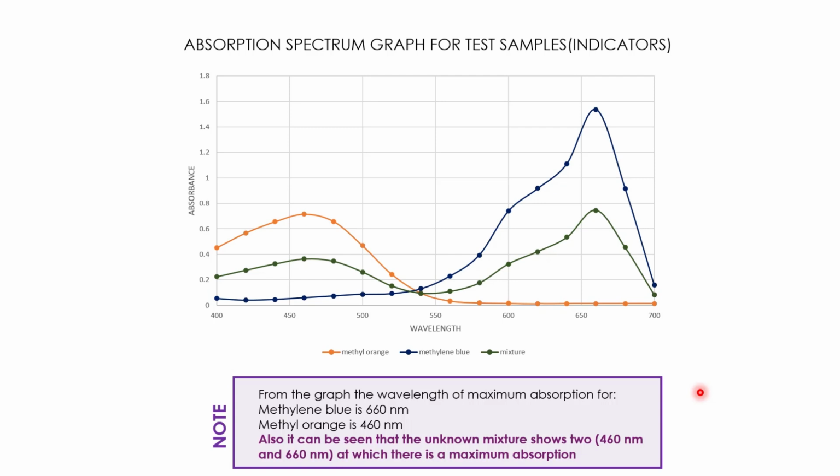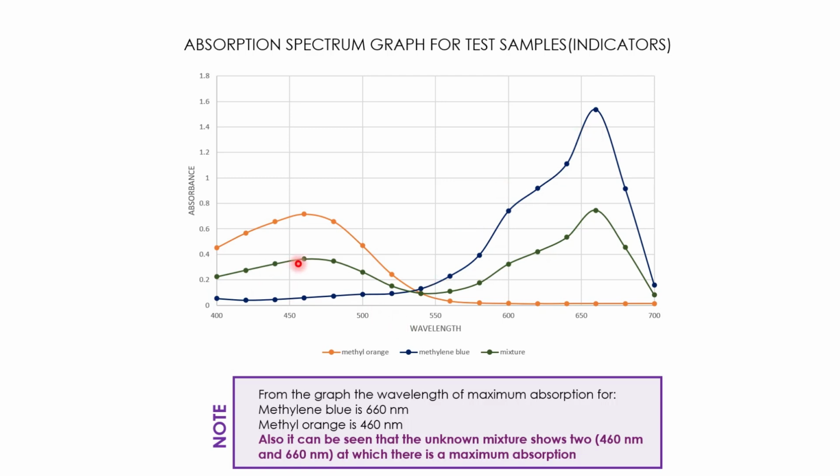So now let us look at the graph showing the absorption spectrum for our test samples, and these happen to be the indicators. This is our methyl orange shown over here. This is our methylene blue, and this is the unknown mixture.